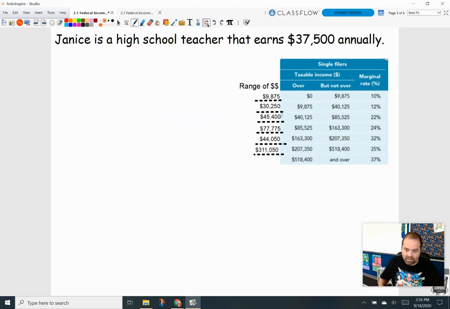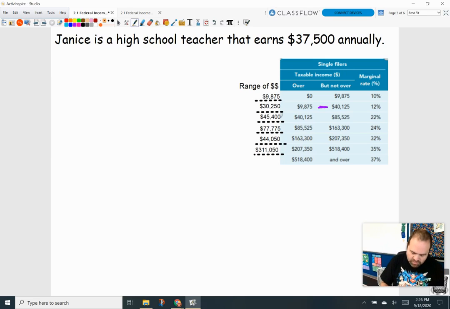And I hope I'm right. I think this table set up this way might be a little bit more helpful. So Janice here, she's a high school teacher. She earns $37,500 annually. So she is right here. What I want to calculate is how much of her money is at each tier. So really all you're going to have to worry about is the highest tier she's in, because I've already done all the work out to the side for the other tiers.